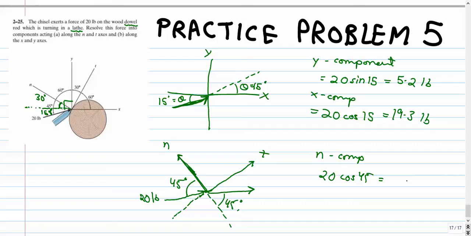That should give us 14.14 pounds. And to get the T component, we'll simply do 20 sine of 45, and this should give us also 14.14 pounds.